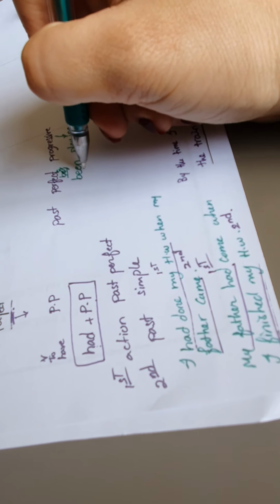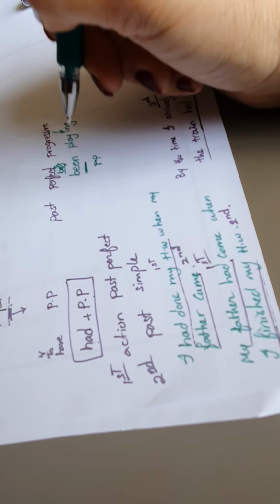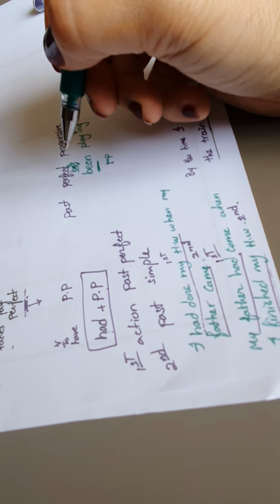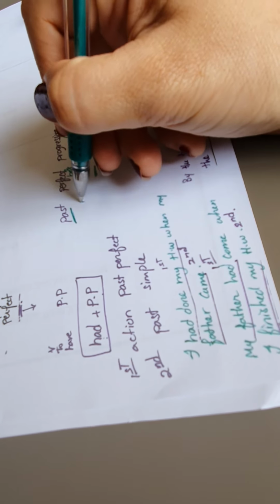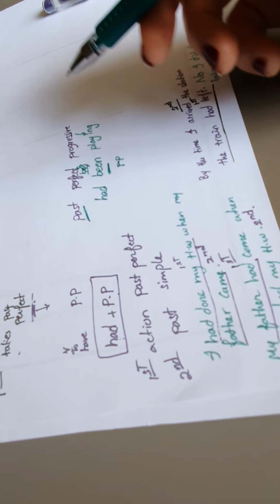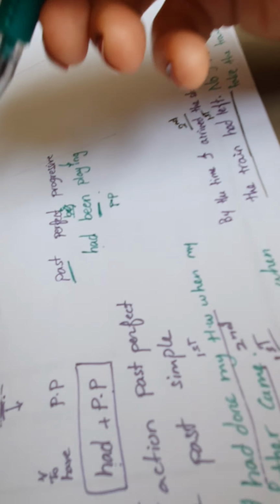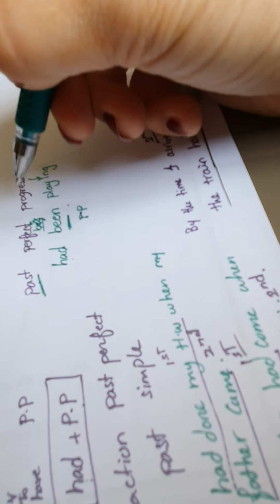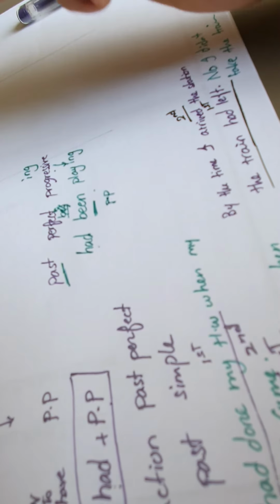Can I have past participle without verb to have? No, so I use have or had. Because it's past, I take had. Had been playing. Again, it's past perfect progressive. Progressive, I take ing in the verb.